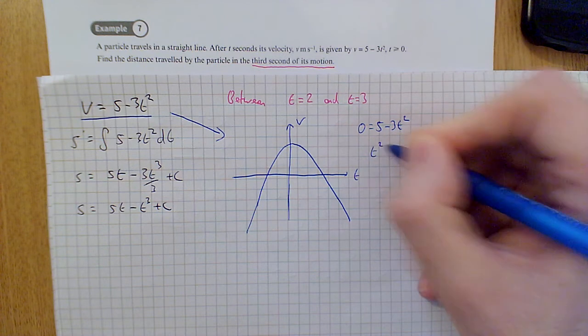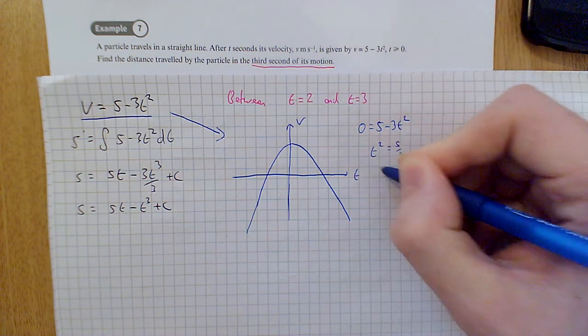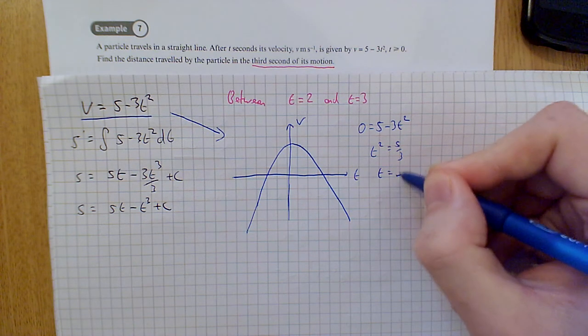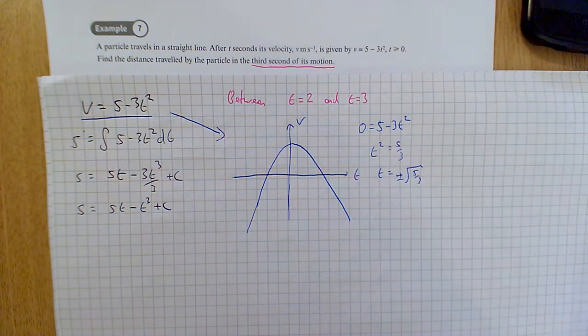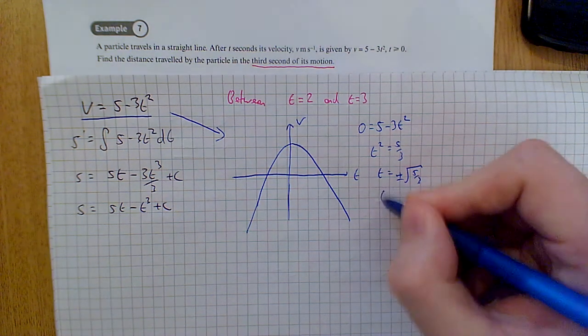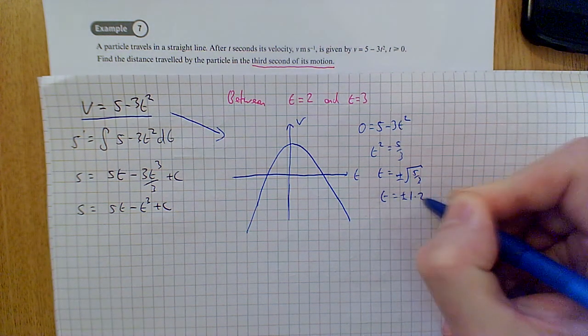So rearrange, it's t squared equals 5 over 3. So t is plus or minus the square root of 5 over 3, which is approximately, we can find a decimal answer for that. That's t equals plus or minus 1.29.